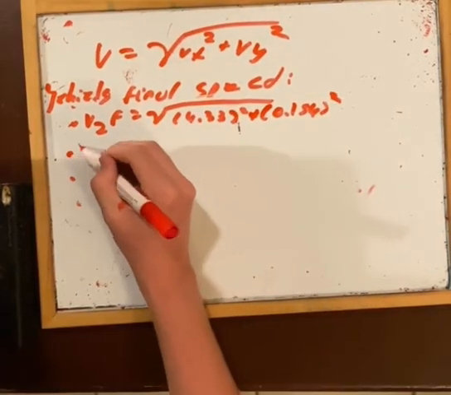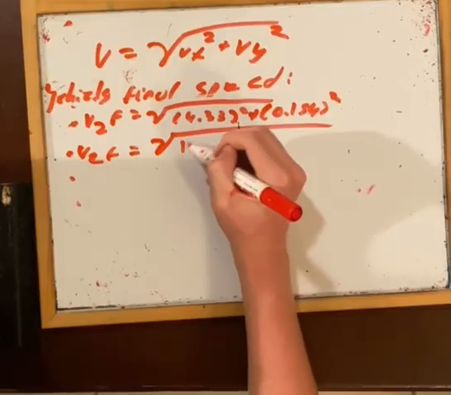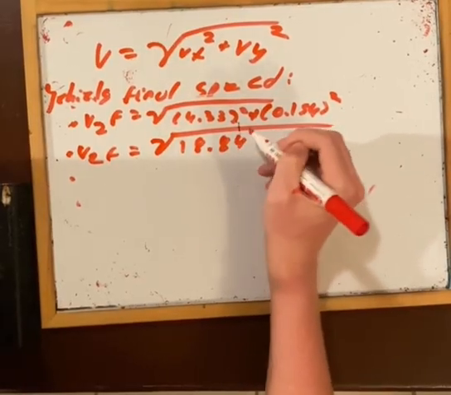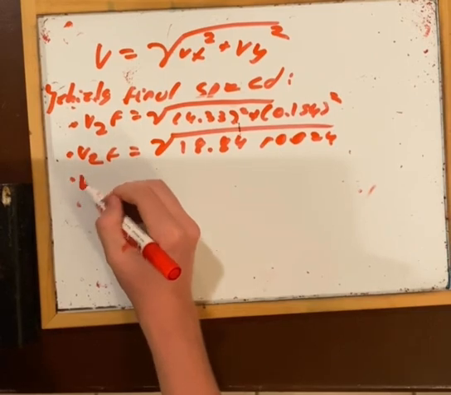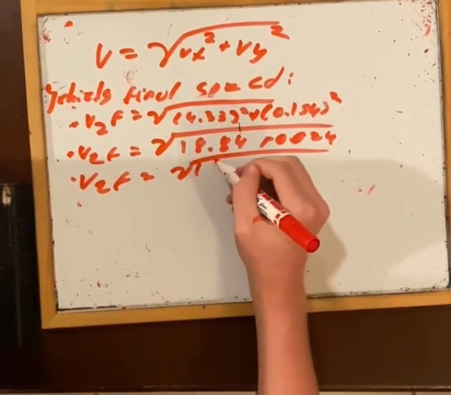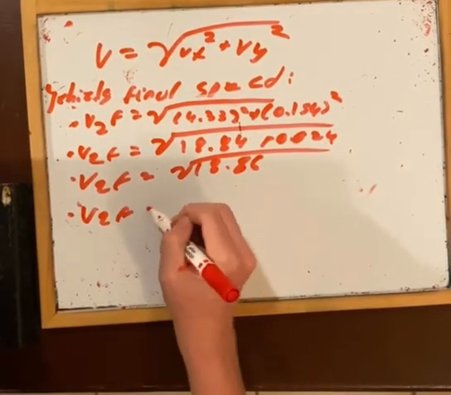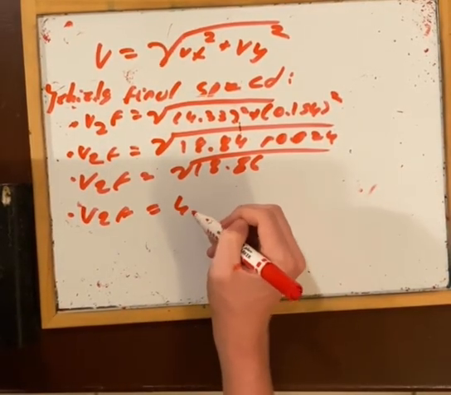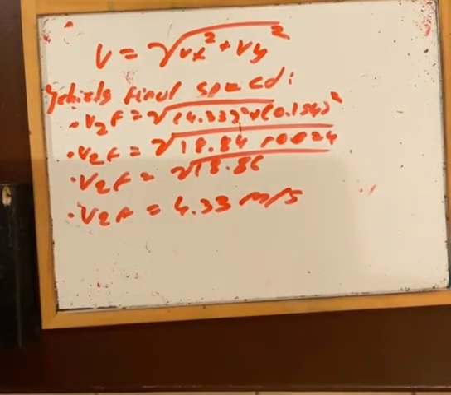This is going to give us 18.84 plus 0.024, and we get 18.86, and then we're met with our final answer of 4.33 meters per second.